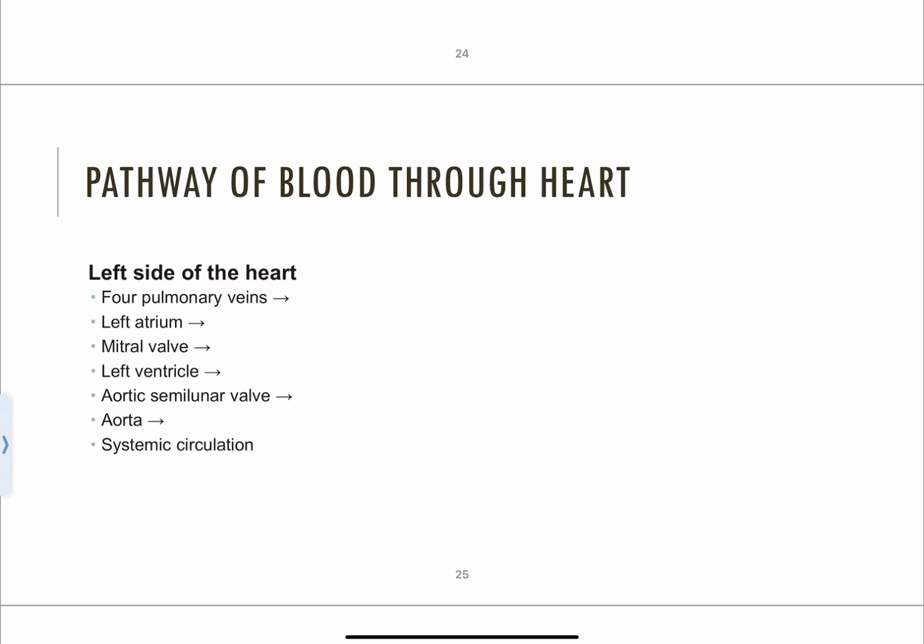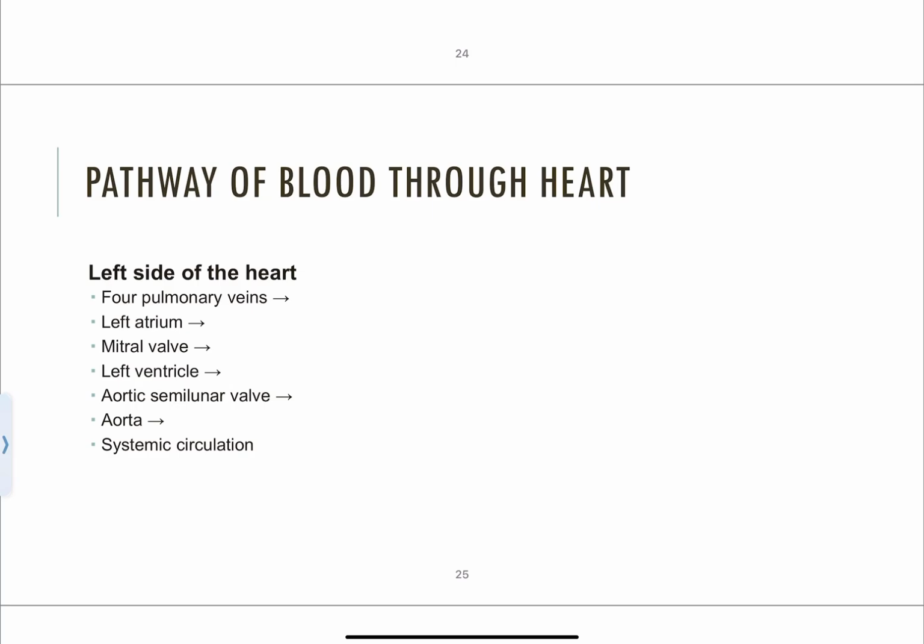So there's 4 different sources that are sending this high-level oxygenated blood back to the left atrium. So that's accomplished via the 4 pulmonary veins, 2 right pulmonary veins, 2 left pulmonary veins that are dumping this blood into the left atrium.